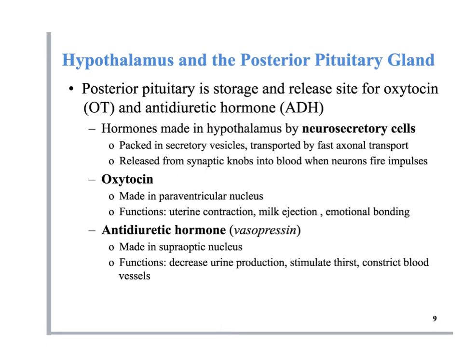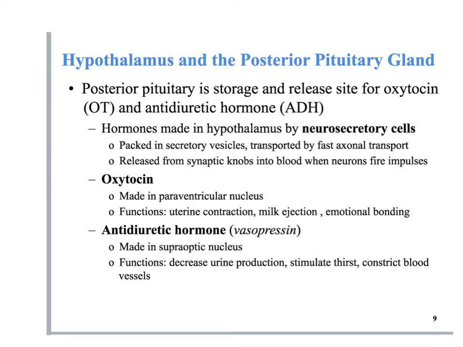So the posterior pituitary is a storage and release site for oxytocin and antidiuretic hormone. Where is it produced, though? Hypothalamus. So oxytocin is made in the paraventricular nucleus, while ADH, also known as vasopressin, is made in the supraoptic nucleus.